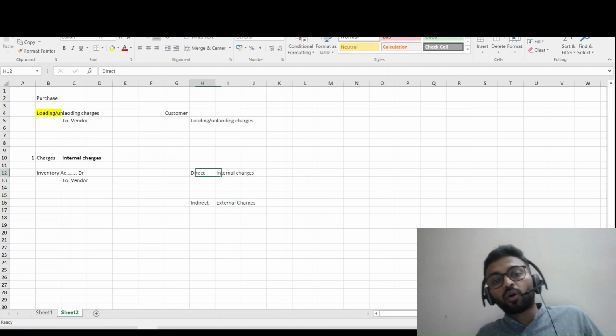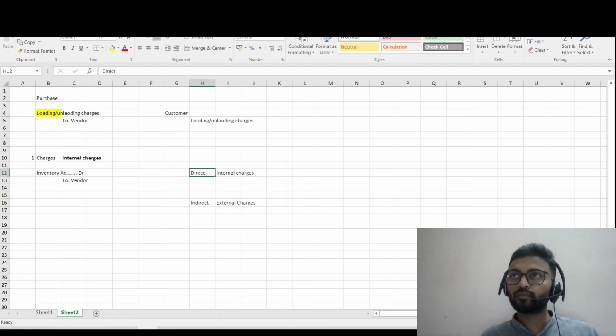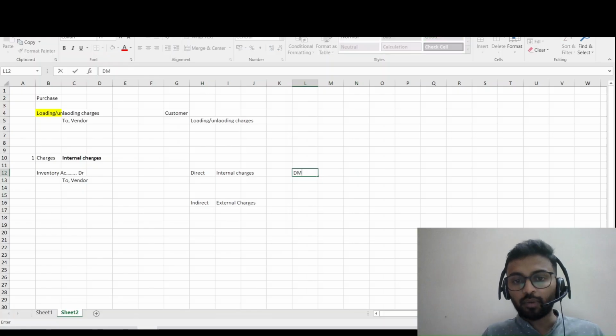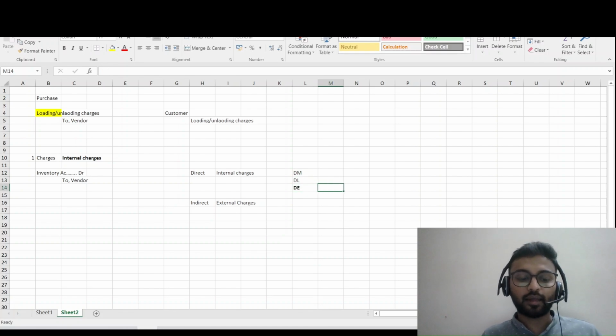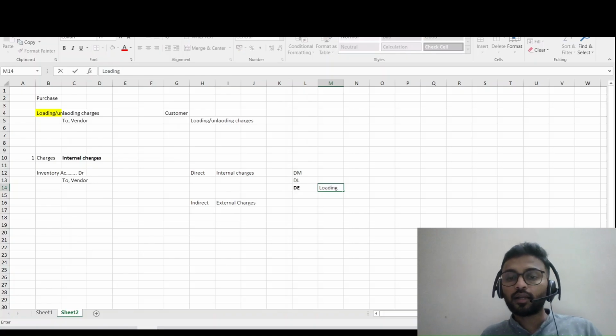If I do manufacturing, the charges which are part of my warehouse are called direct cost. On the manufacturing side, there are direct material, direct labor and direct expense. This direct expense includes the loading and unloading charge till the goods reach my warehouse.